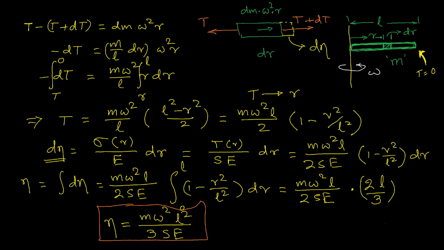Now this kind of problem can be posed in a very different way also. We could have stopped this end instead of rotating like this, with the whole thing rotated, this end being open and this end being stopped by some constraint.